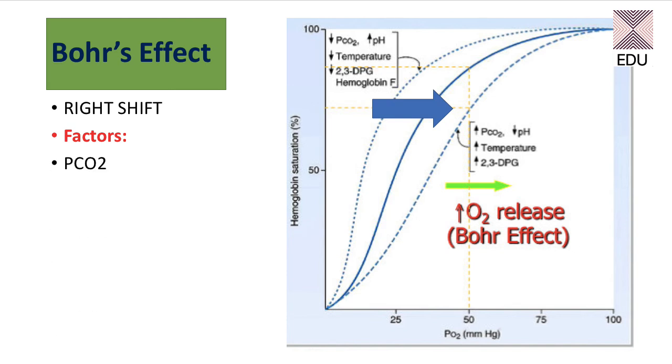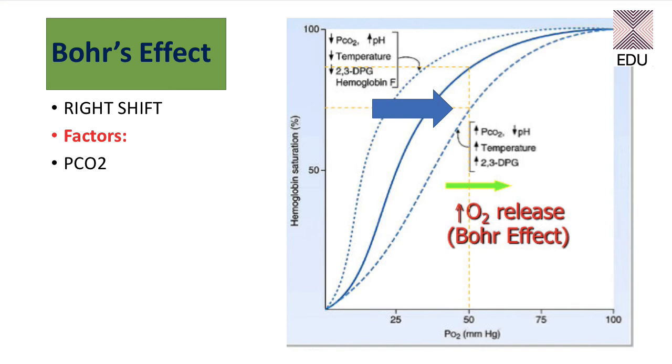First factor is the PCO2, the partial pressure of the carbon dioxide. As we have discussed earlier, and you can see in the graph also, if the PCO2 is high, on the very right side it is written as high PCO2.